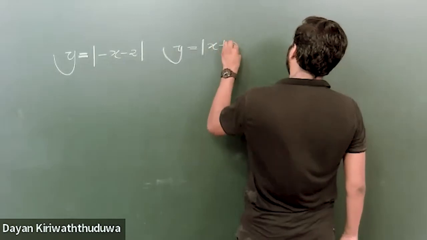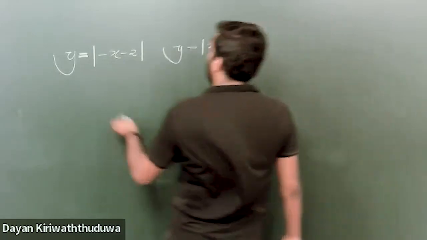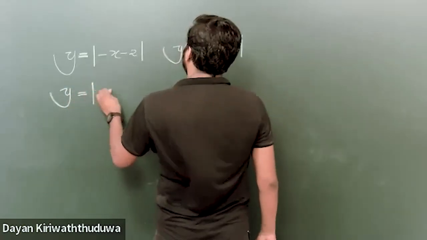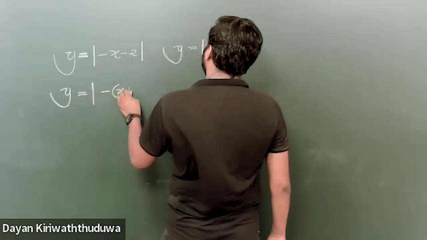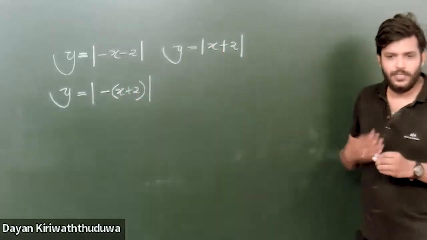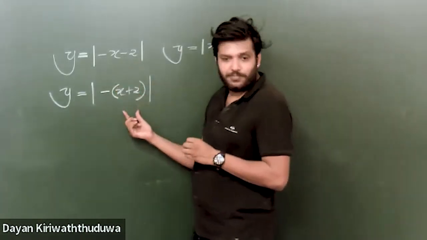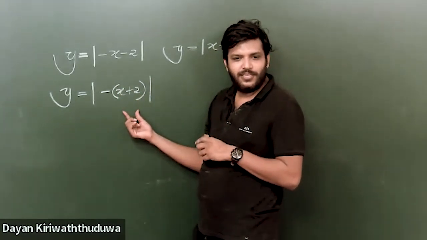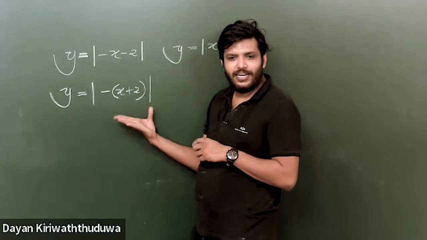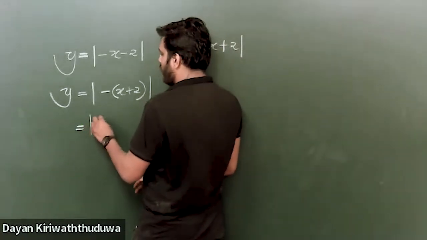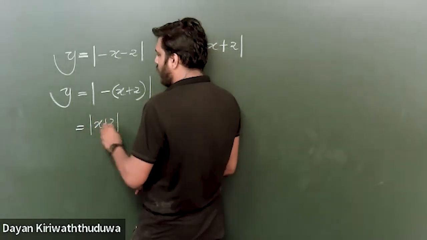Now this is the same as y equals modulus of minus of x plus 2, right? That is, when you take the minus sign out, that is x plus 2. But anything that goes inside the modulus, what happens? The negativity rectifies, becomes positive. So this is nothing but modulus of x plus 2, right?